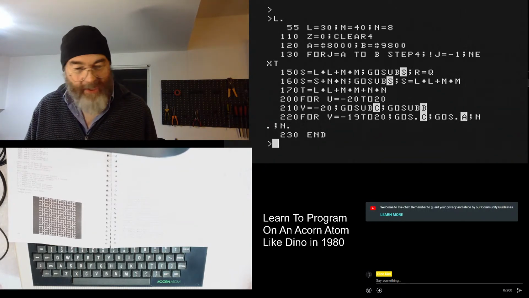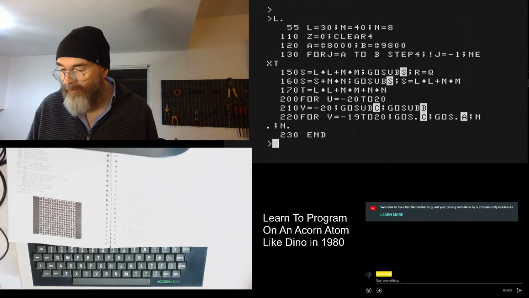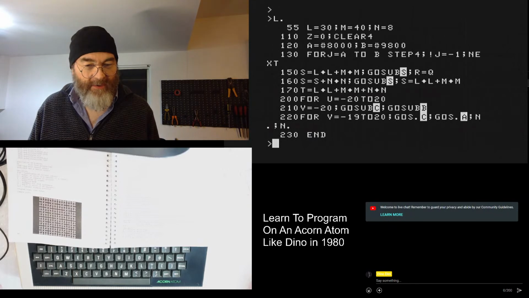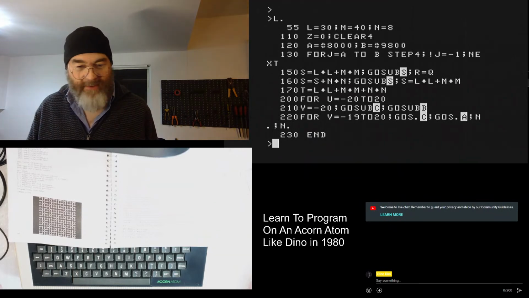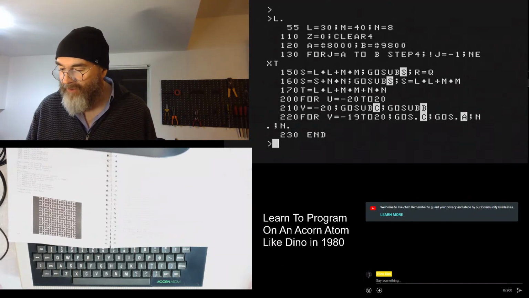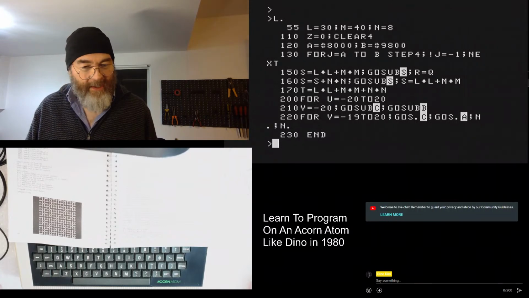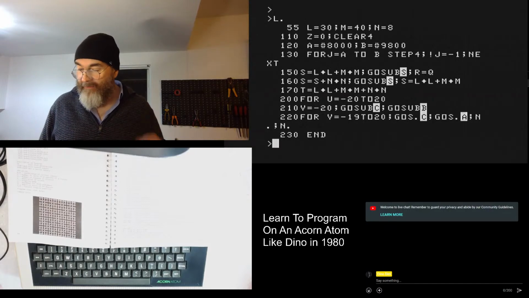So that would be for U equals minus 20 to 20, V equals minus 20, then gosub to routine C, gosub to routine B, for V equals minus 19 to 20, gosub C, gosub A, next, and then end.